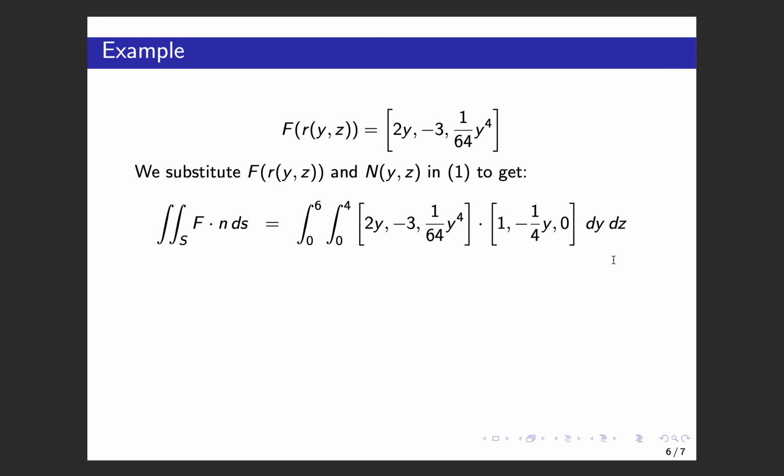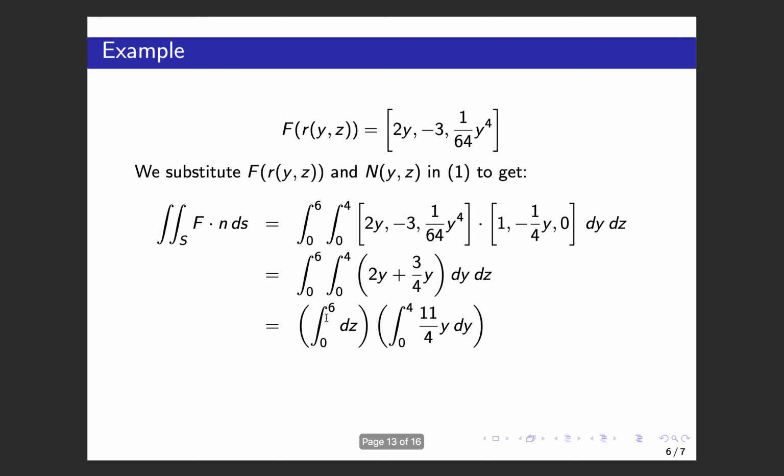So this dot product will give us 2y plus 3 over 4y, and then this integral will be the integral from 0 to 6 dz times the integral from 0 to 4 of 11 over 4y dy, which is equal to 6 times 11 over 4 times 8 equals 132. And this is the end of the example.